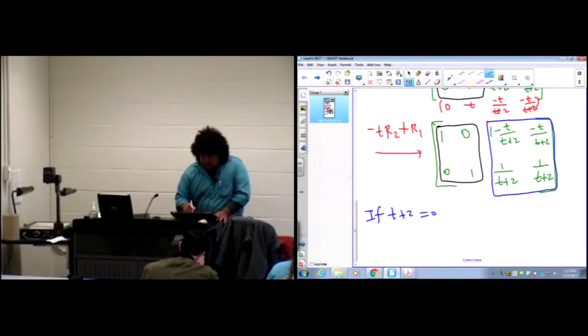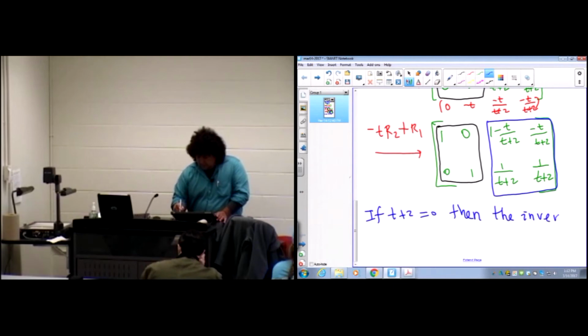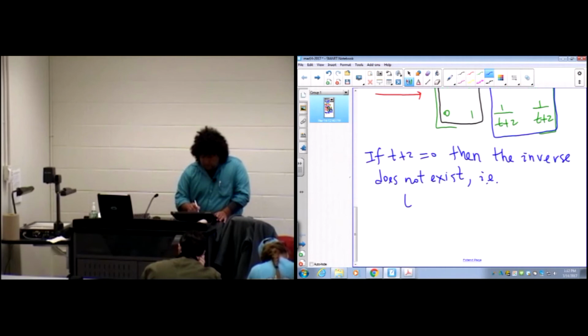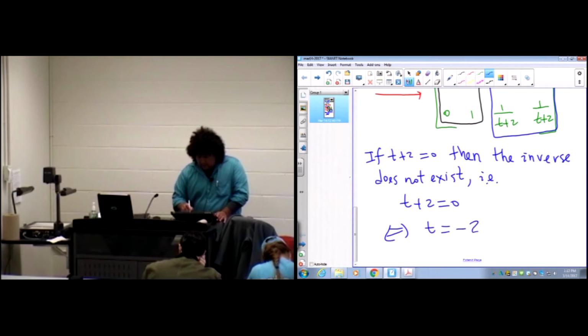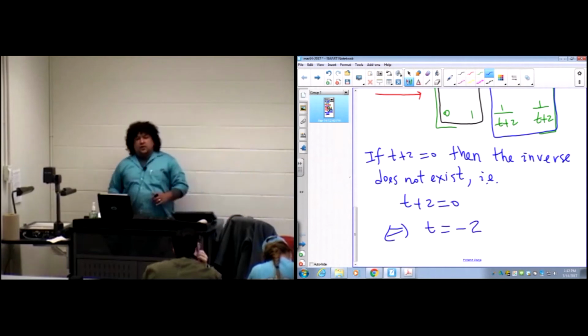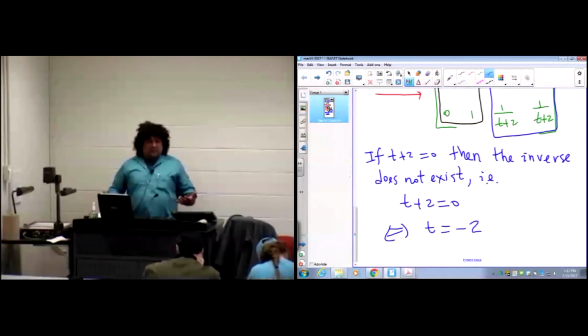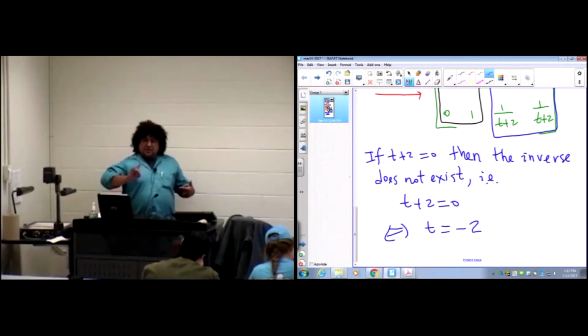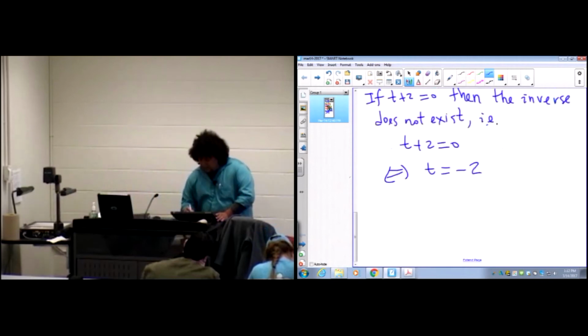However, if t is not negative 2, then the inverse is that matrix we found there, which is first row 1 minus t over t plus 2 and minus t over t plus 2, and then the second row is 1 over t plus 2, 1 over t plus 2.